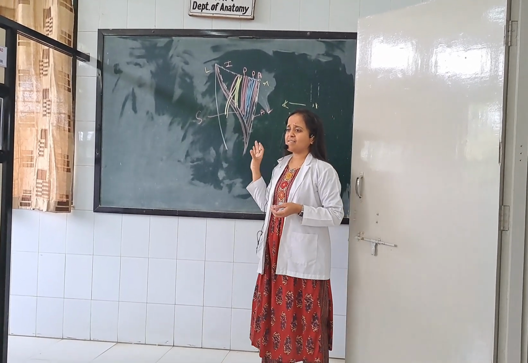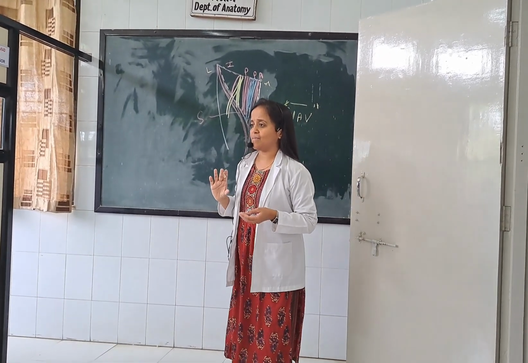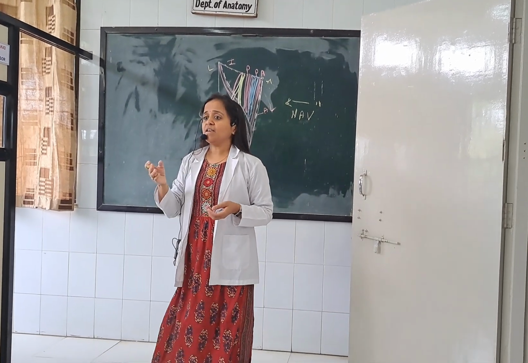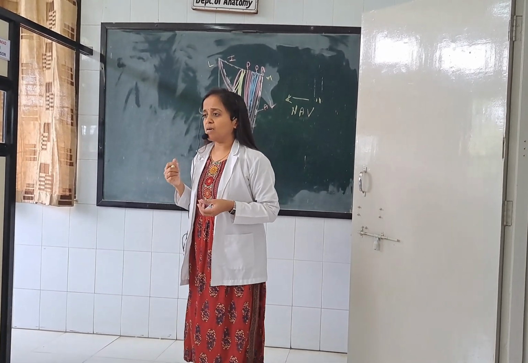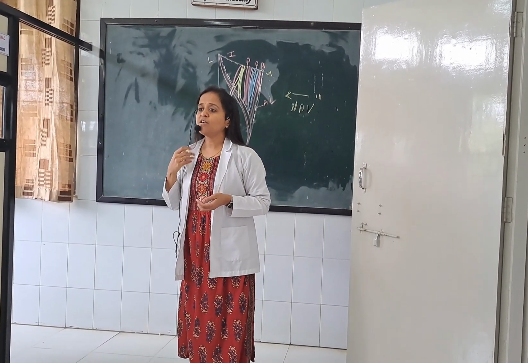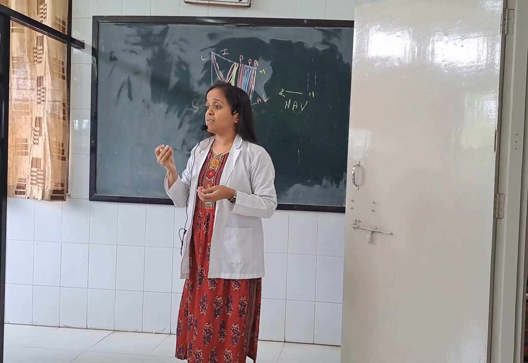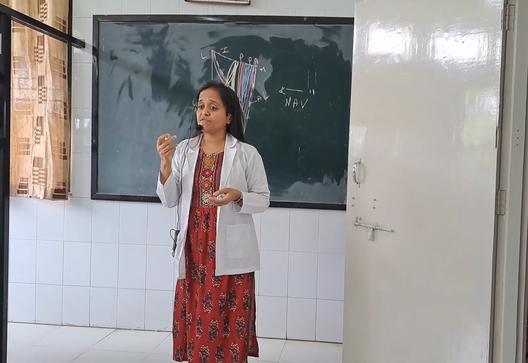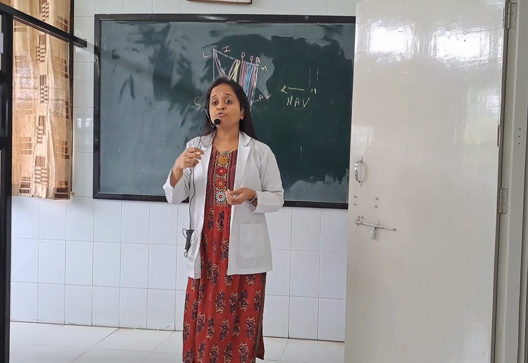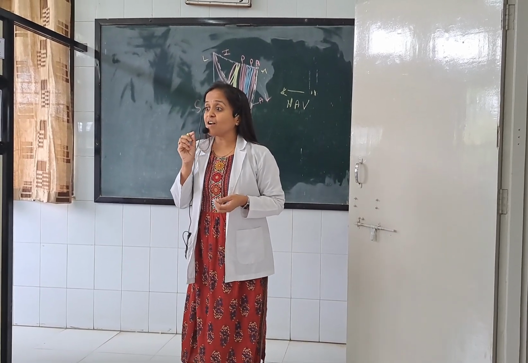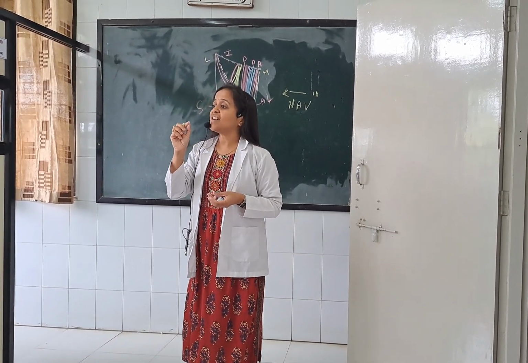Now why this position of the structures is important is because suppose we want to do cadaver preservation, and you are unable to get the carotid artery, so we can inject the formalin or the preservative fluid through the femoral artery. To find the femoral artery, you should know its exact position.